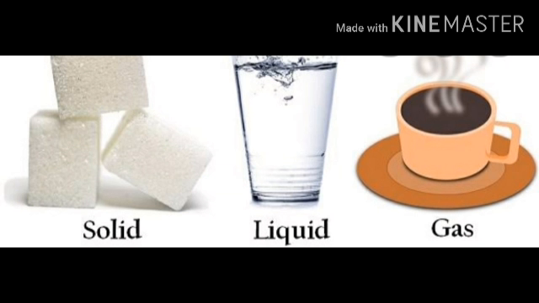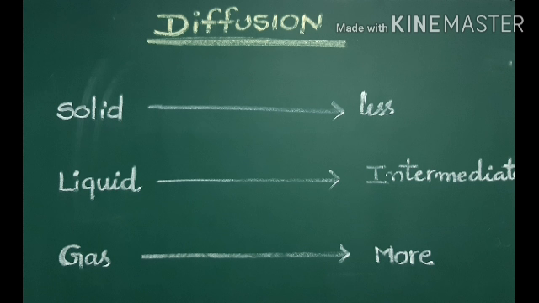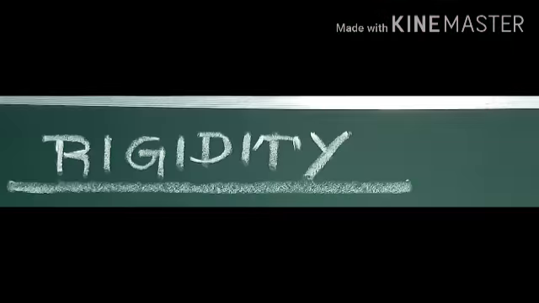So gases have more diffusion property, solids have less diffusion property, and liquids are intermediate.